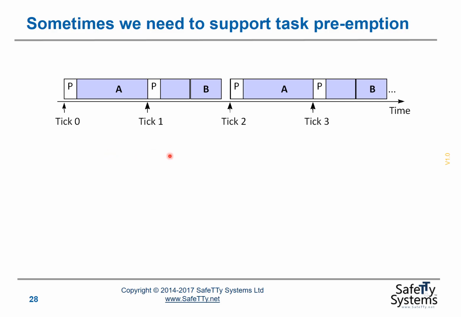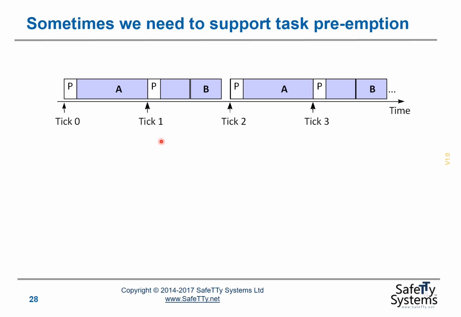We're assuming this time that task A runs for roughly 1.5 ticks, and that this is correct and expected behavior. Now, at the start of tick 1, our preempting task interrupts the execution of task A every time there is a tick, even if another task is running.